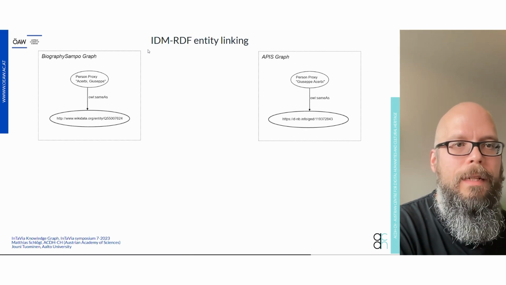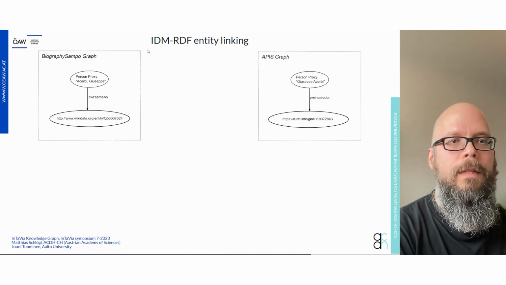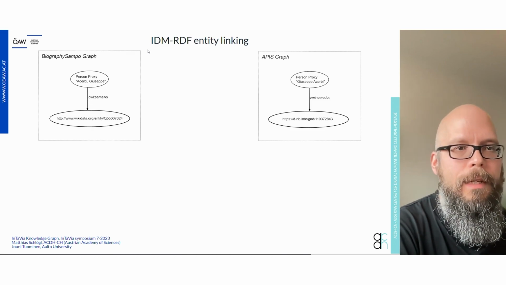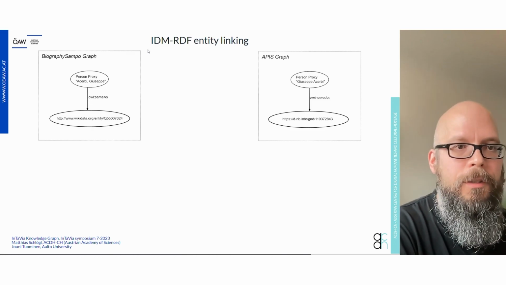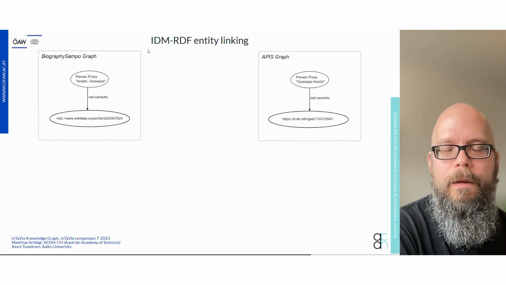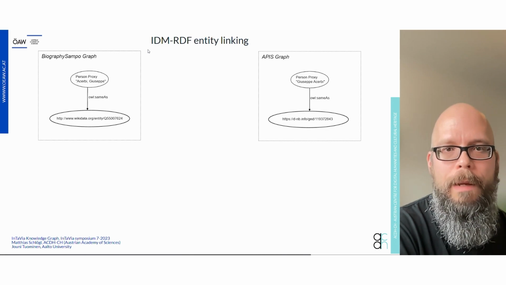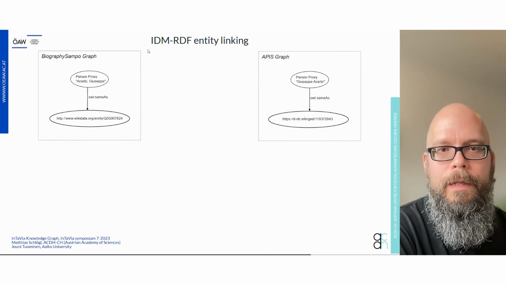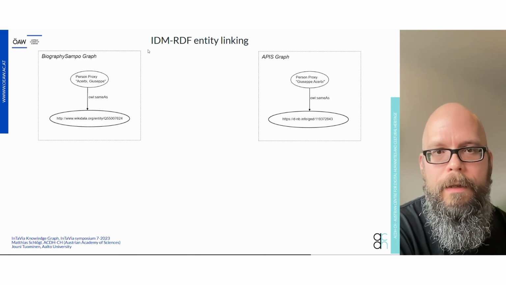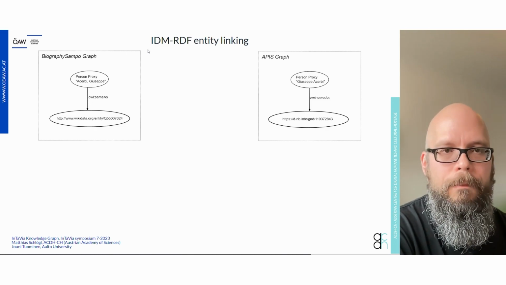And in the Finnish dataset, we have information that this person is linked with an owl:sameAs relation to the Wikidata entity of the person Giuseppe Acerbi. And similarly, in the Austrian biography, we have the information that this person is the same as the person entity in the German National Library's authority file, GND, and it's identified there.